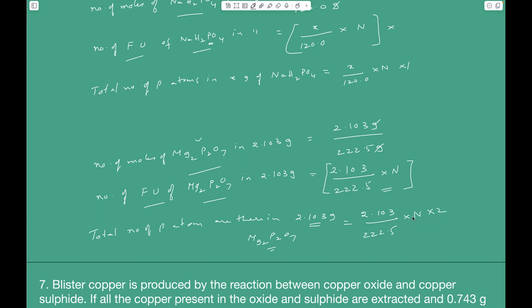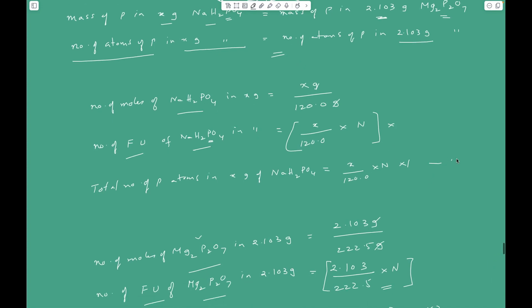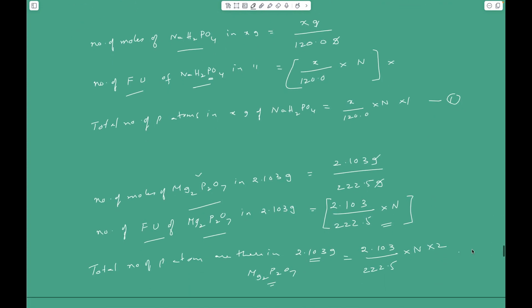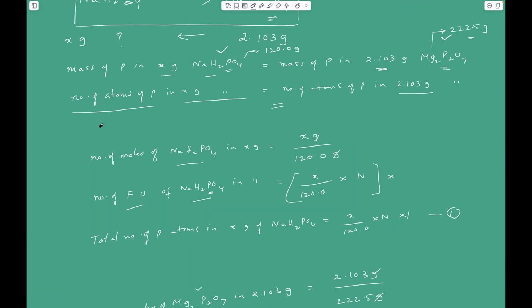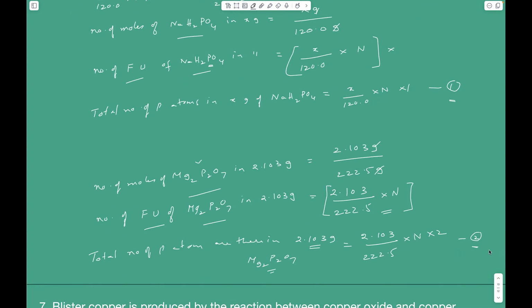And according to this, these two must be equal, right? 1 and 2. So now let us equate these two. So that is x over 120.0 times N times 1, that is 1, is equal to 2.103 over 222.5 times N times 2, that is 2, right?